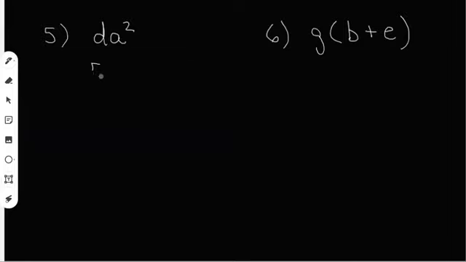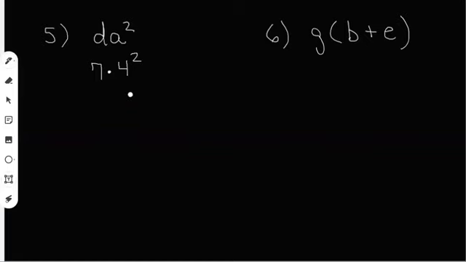I replace D with a 7 times A squared. A is going to be 4, so I'm going to replace A with a 4.